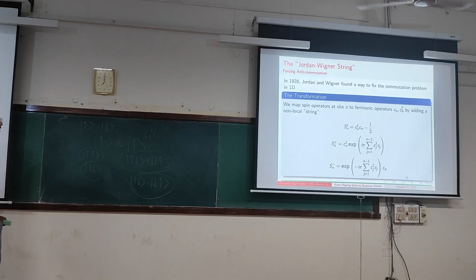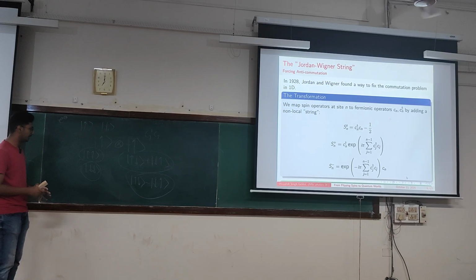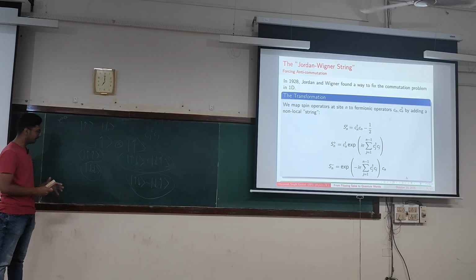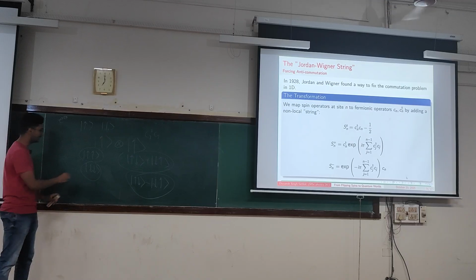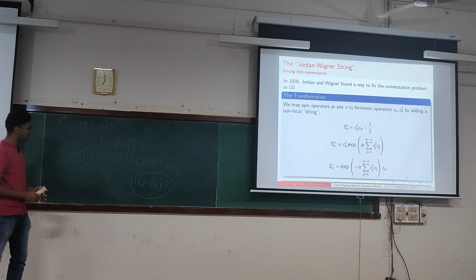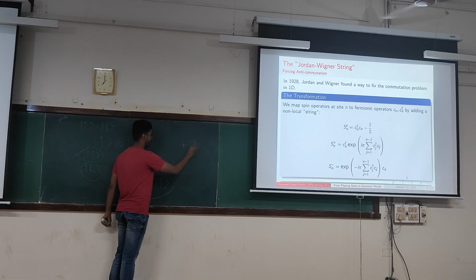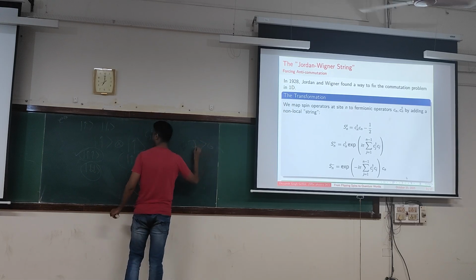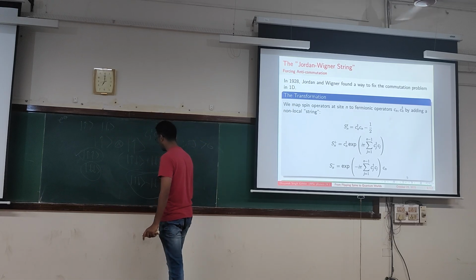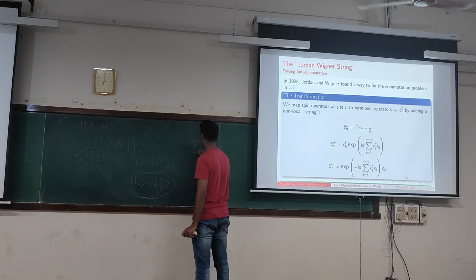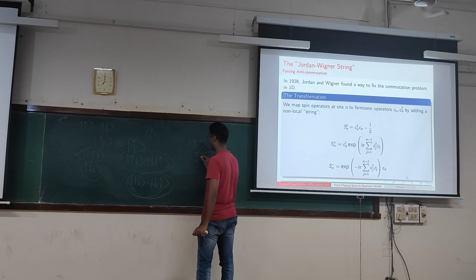So when this symmetric thing is favored, J will get a positive sign, and when this thing is favored, J will get a negative sign.